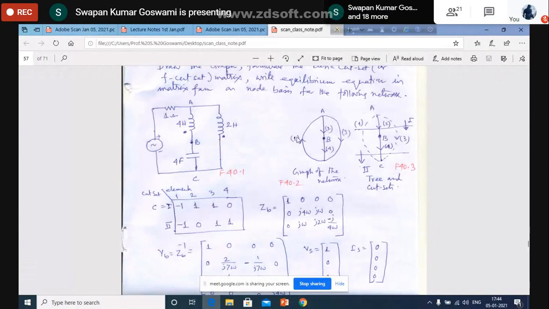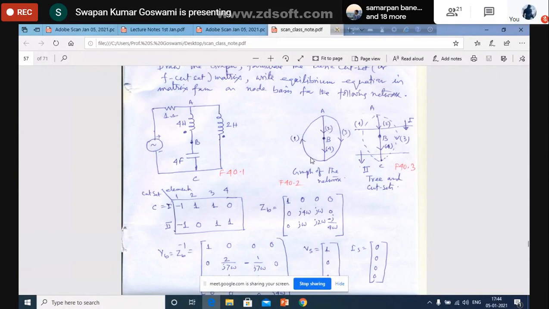So let us number this element with voltage source and series resistance as element 1. Between AB the element number 2. Between AC as the third element, between BC as the fourth element.